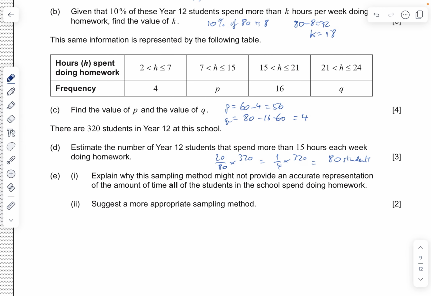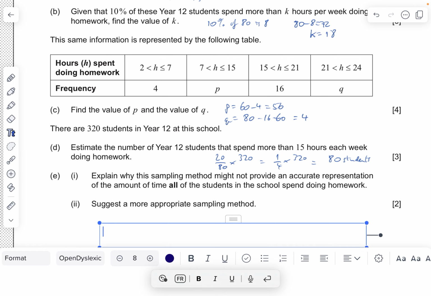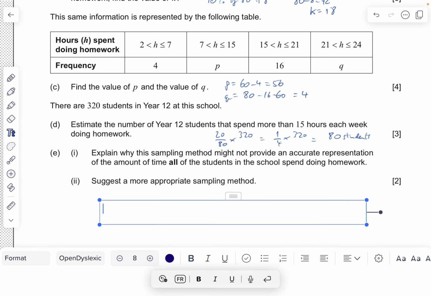And then finally, part E, explain why this sampling method might not provide an accurate representation of the amount of time all students in the school spend doing homework. Well, they've only done year 12. So we'll put that in. These data only cover year 12.